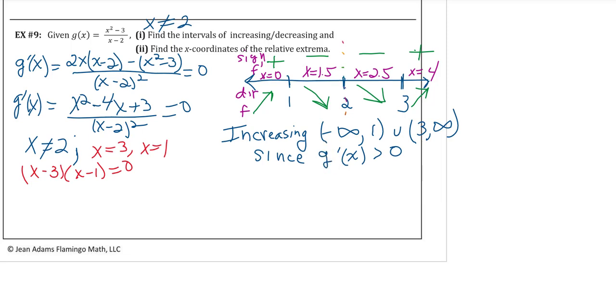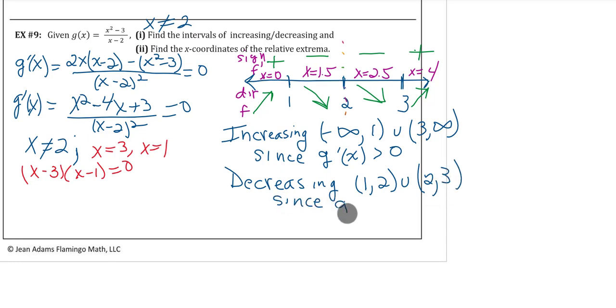I'll make sure I use the right function notation. And it's decreasing, and you have to divide that interval up because the asymptote's in the middle of it, and that's not part of the domain. And our reasoning is g prime of x is less than 0.